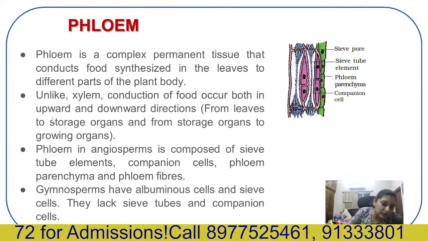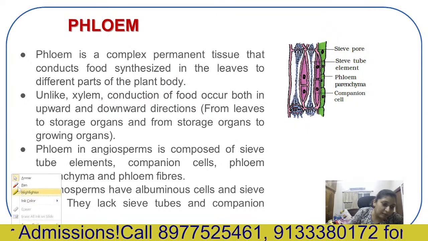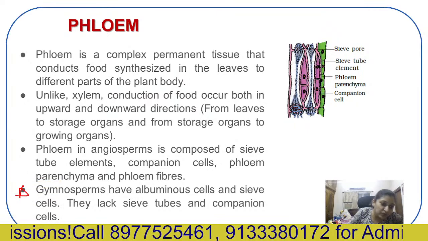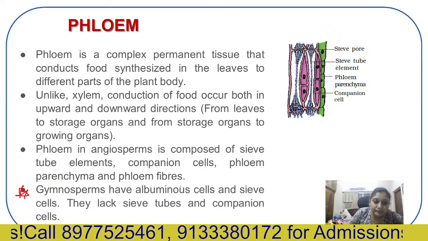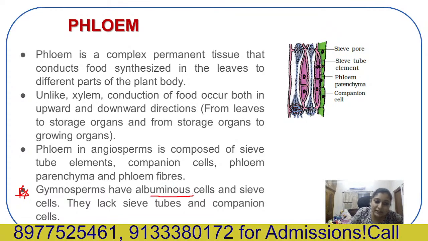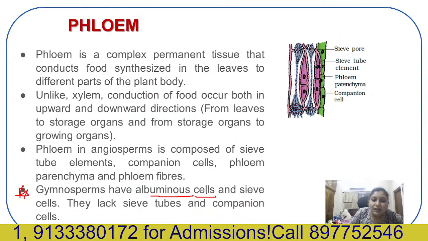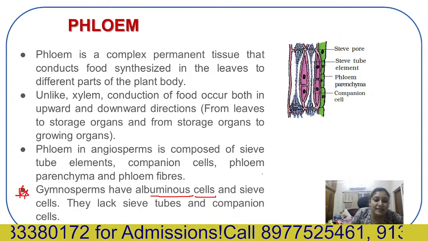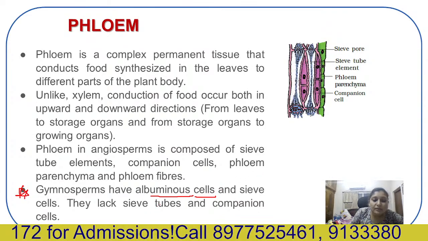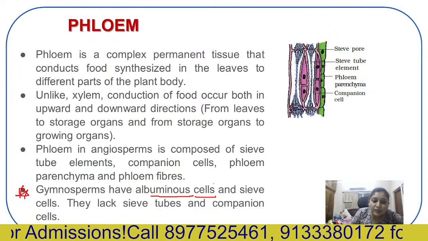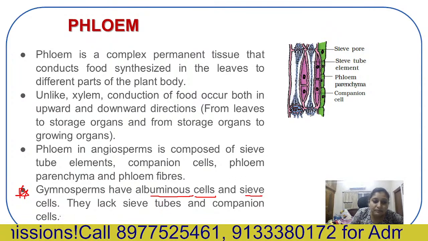Remember in the case of gymnosperms, an important point from the NEET point of view: they lack companion cells, instead they have albuminous cells, and they lack sieve tubes, instead they have sieve cells.